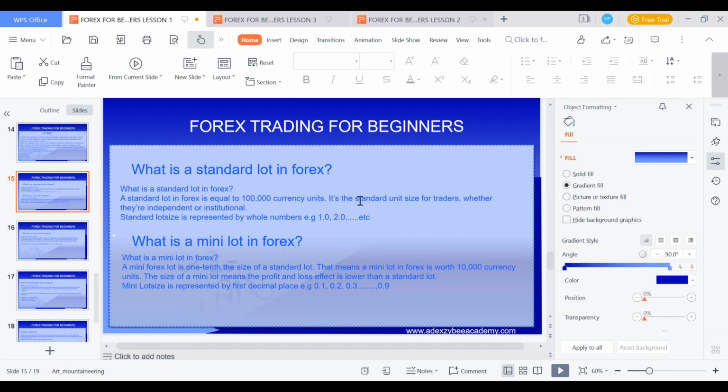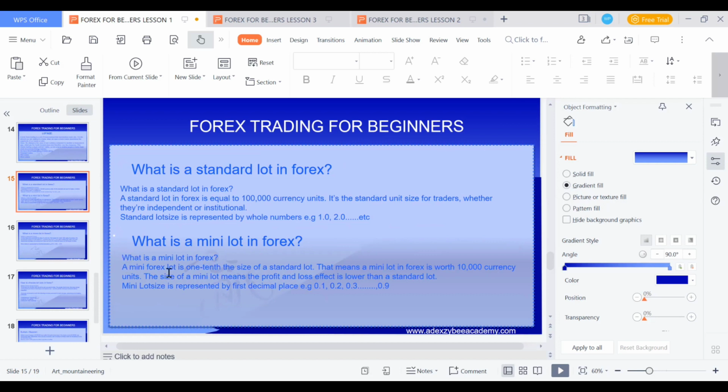It is the standard unit size for traders, whether they are independent or institutional. Standard lot sizes are represented by whole numbers, e.g., 1.0, 2.0, 8, etc. Let's look at it fast.